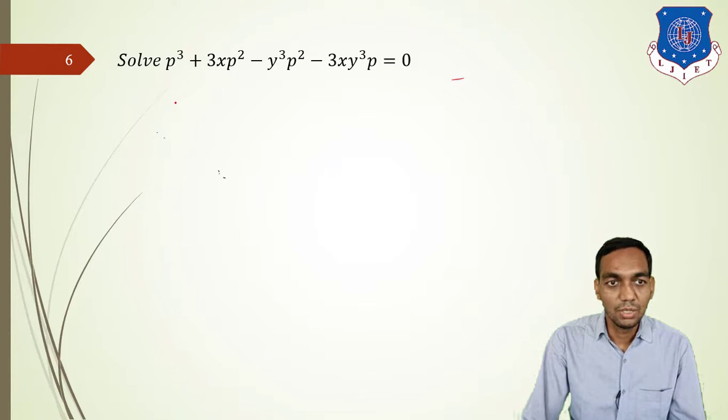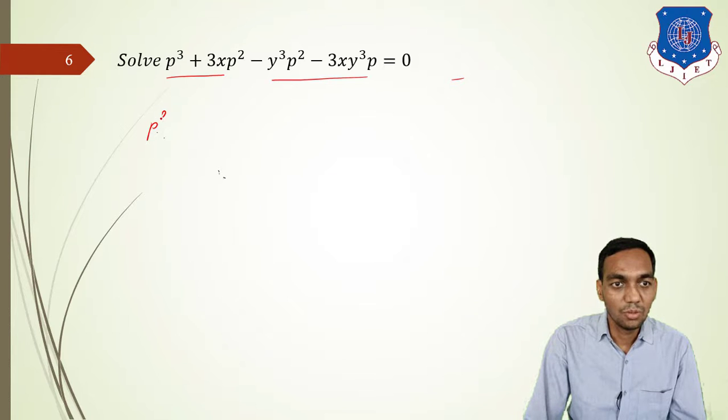Here you have p cube minus 3p square plus 3x p square minus y cube p square minus 3x y cube p. So what I am going to do, I am going to pair them. Here p square common out and you will have p plus 3x. Here minus y cube p common out.